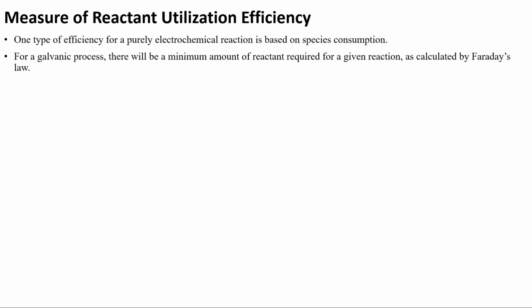We have learned from Faraday's law that there will be a minimum amount of reactant required for a given reaction. For any required current, there should be a minimum amount of reactant required. So there should be some minimum amount required in order to generate a particular amount of current.